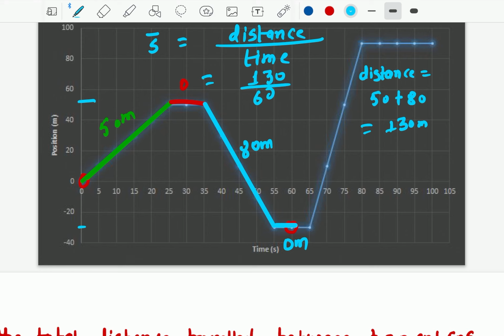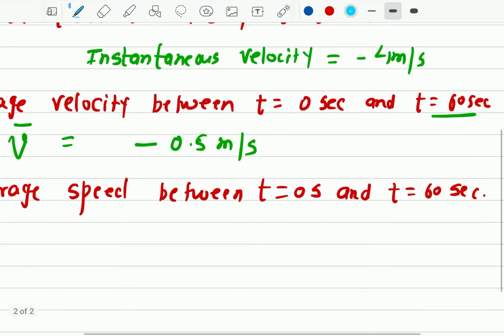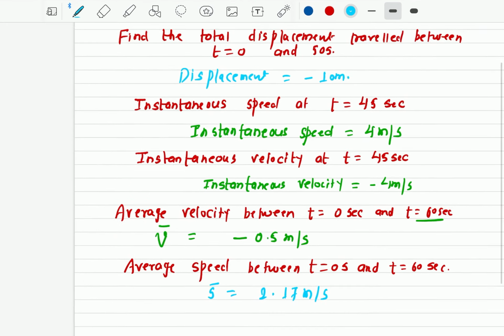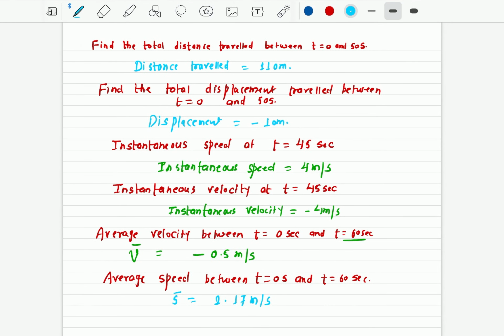And you'll get 2.16, or I can simply call it 2.17 meter per second. Okay, 2.17 meter per second is your average speed.